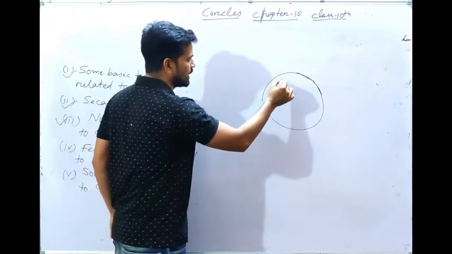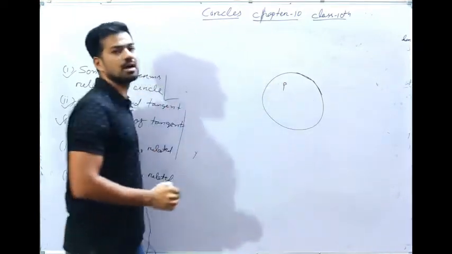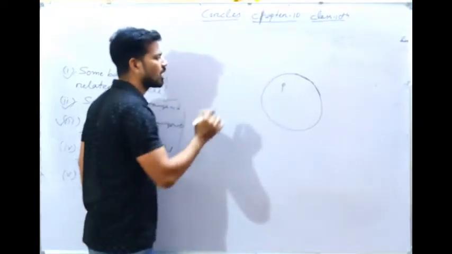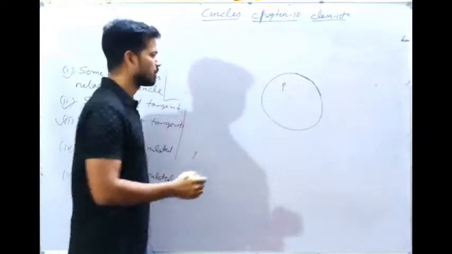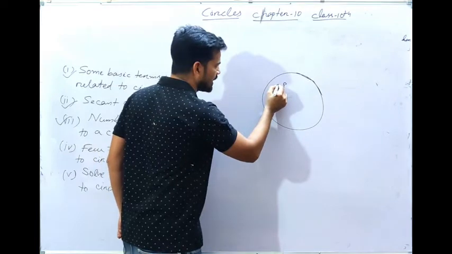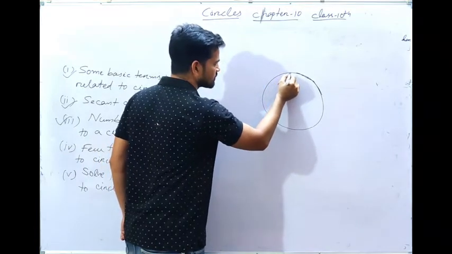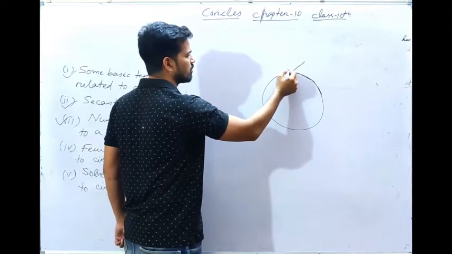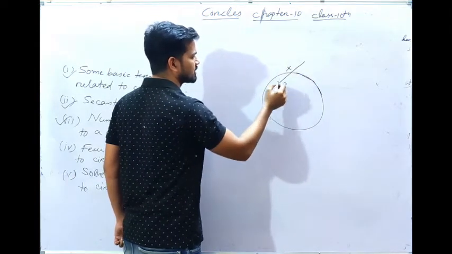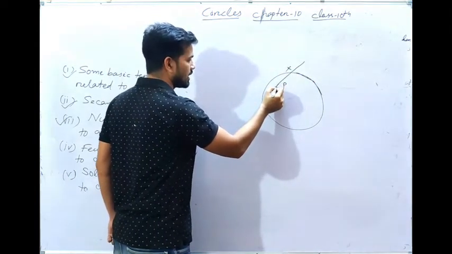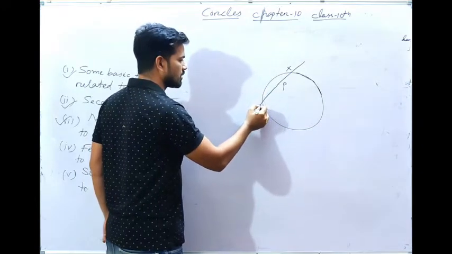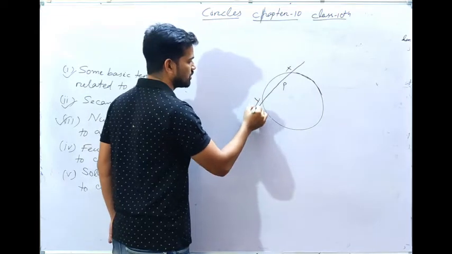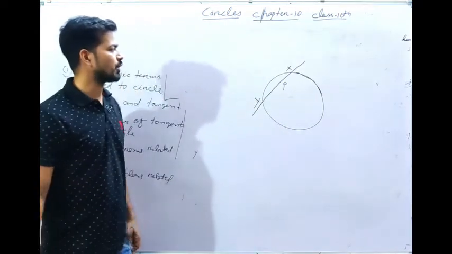Suppose this is a point P which is inside of the circle, and now I just want to draw a tangent from this point P. So I just draw this line like this. It intersects the circle at point X, but when I extend the line through this direction, I can see that it also intersects the circle at point Y.